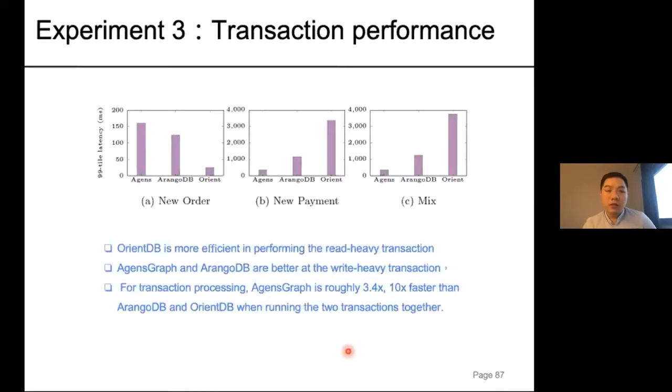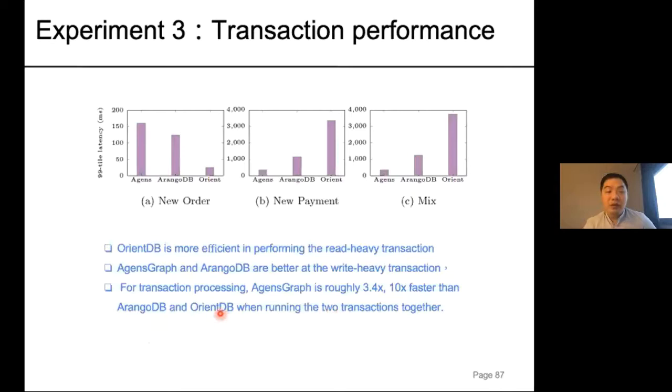So for the transaction performance, we found that the OrientDB is more efficient in performing the read-heavy transactions because the data is linked in OrientDB, and the AgensGraph and ArangoDB are better at write-heavy transactions.